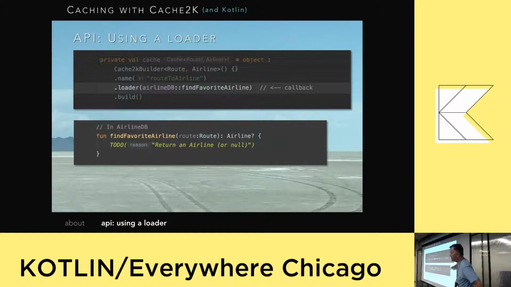And down here, this is just like your business logic implementation. So that's about it for that. Oh, once you do this, I don't have this in the slide, but you will do a get operation, not a peek, because a peek just looks at what's already in the cache. A get operation will actually invoke the loader if it's not there.